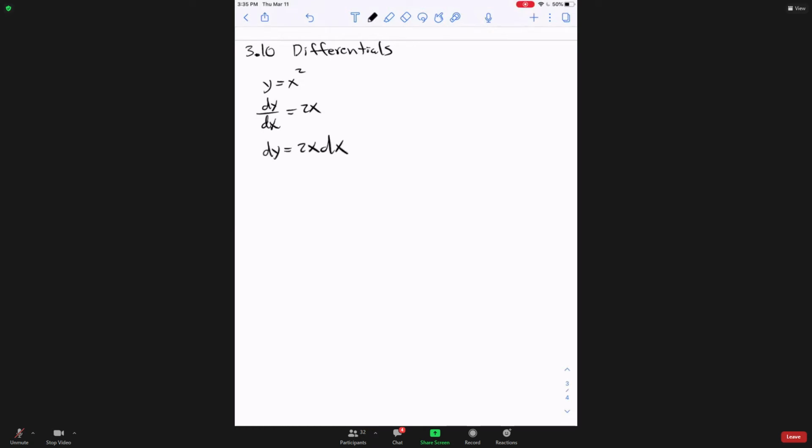However, we're not actually multiplying both sides by dx. It's just that the notation works out perfectly if you think of it algebraically. The differential dy equaling 2x dx, basically the differential is whatever the derivative is times dx.